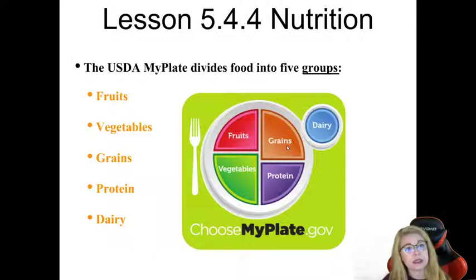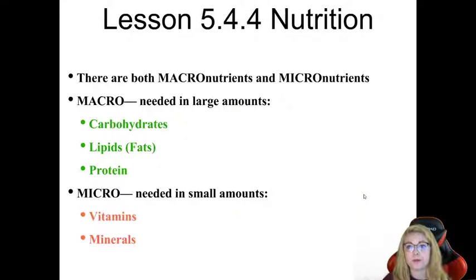Grains, that counts as things like rice and quinoa and pastas, basically carby things. Protein, that's going to be your meats, your eggs, your beans, and dairy would be a glass of milk, maybe a cup of yogurt or kefir, which is a drinkable type of yogurt, or a serving of cheese, something along that line. So those are the 5 food groups according to the United States Department of Agriculture.